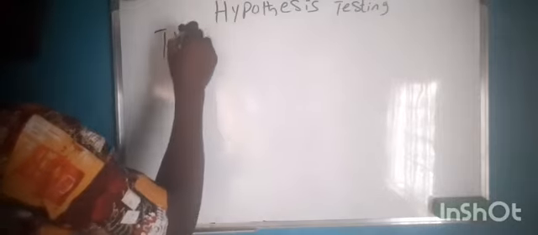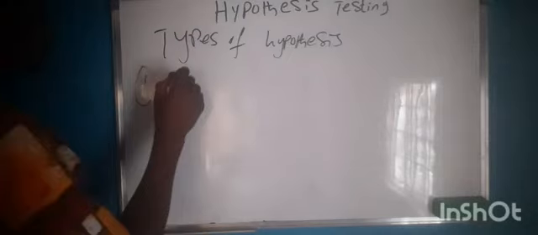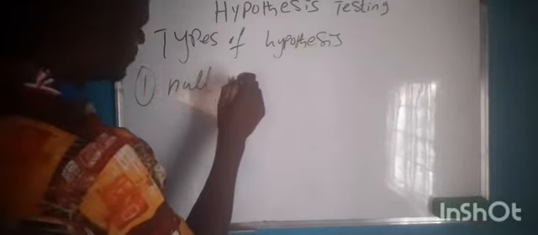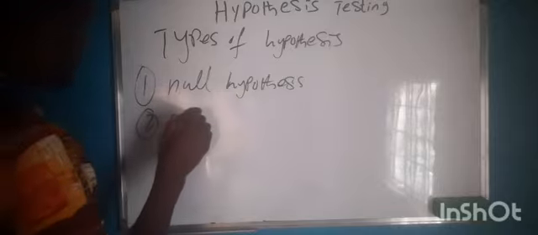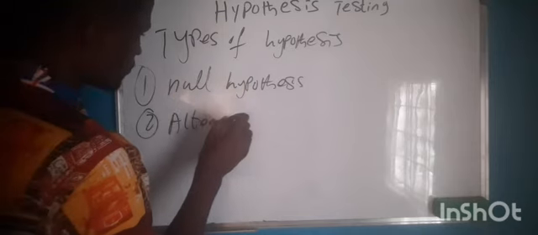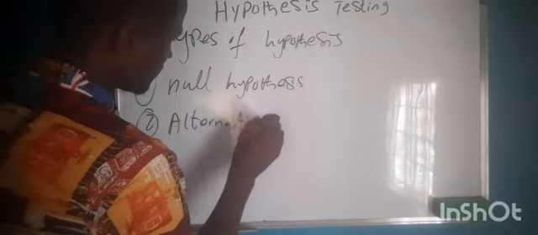Now, hypotheses are divided into two types. Number one, we have the null hypothesis, and number two, we have the alternative hypothesis.